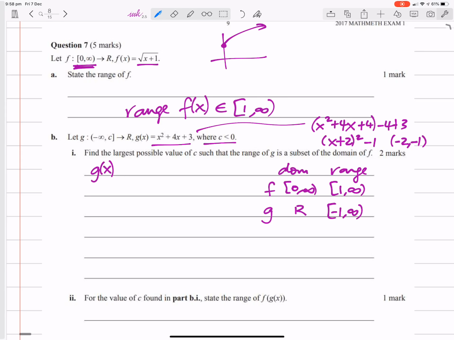Now that's if we didn't have this restriction. However, we want to restrict it because I'm trying to find the range of g as a subset of the domain of f. So we want this to fit into this. So we know that g of x has to be greater than or equal to 0, because we want this to fit into this.